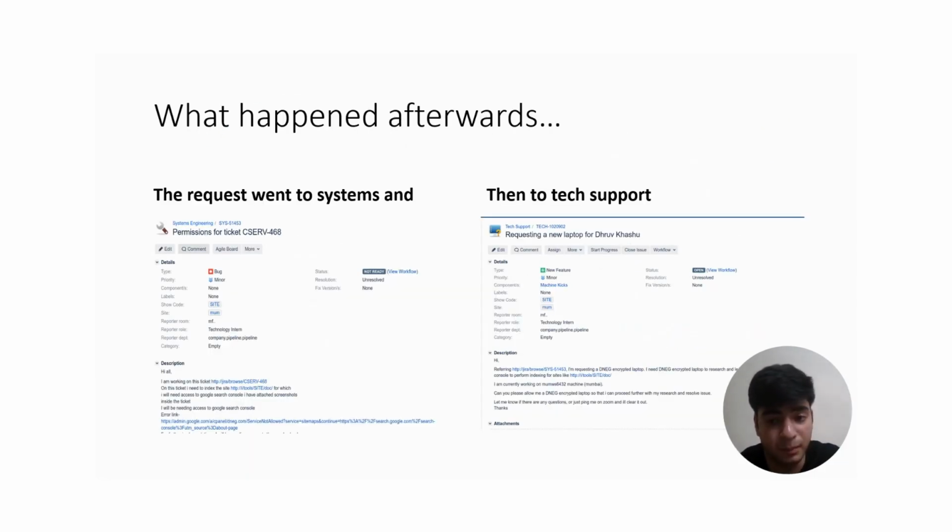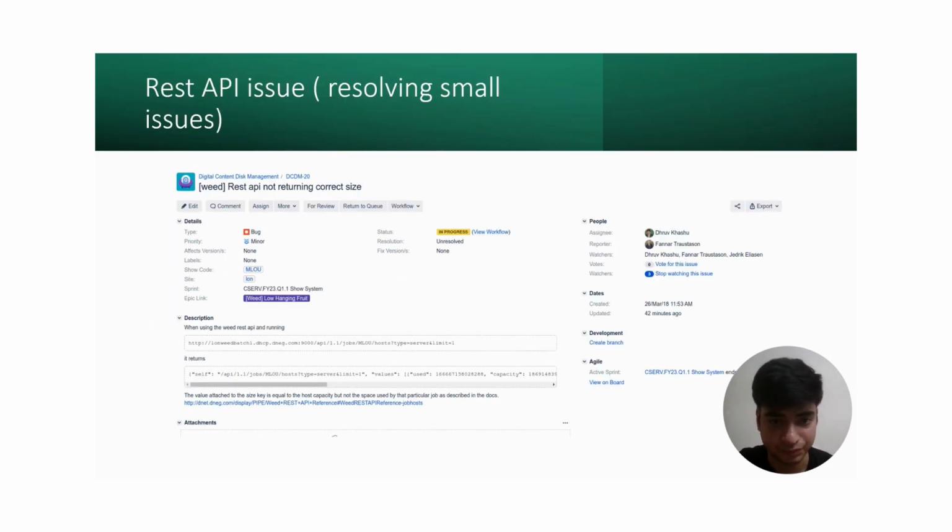I then encountered some problems where I needed further permissions for accessing administrative roles. I proceeded with it and made a proper impact in the team, so I was a crucial part of the new core services team.